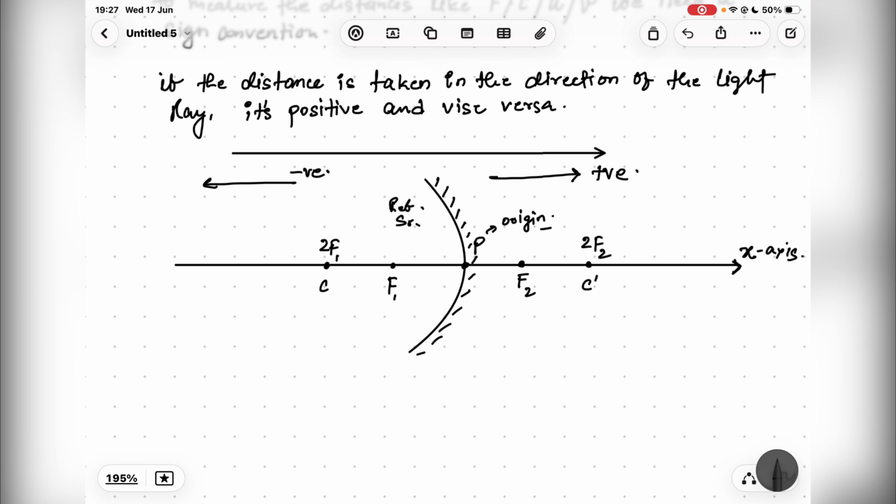So before the pole everything is negative, and after the pole everything is positive. If we have to take the size of the object or image, any size that is above the principal axis will be positive, any size which is below the principal axis will be negative.